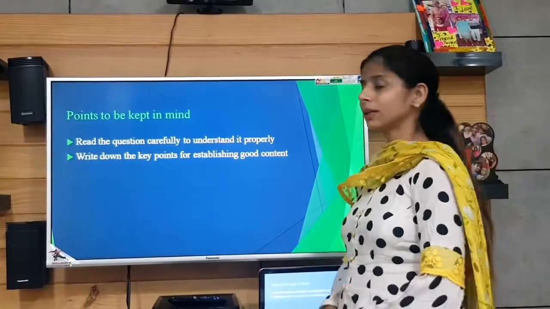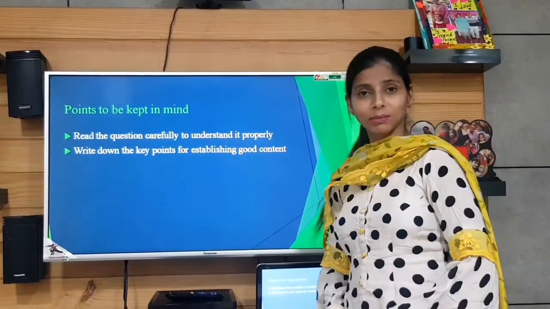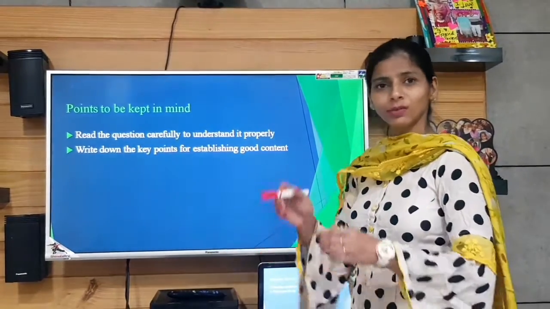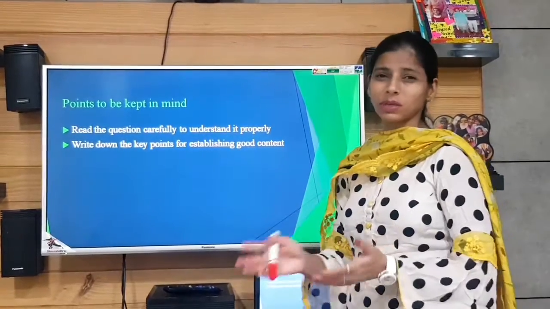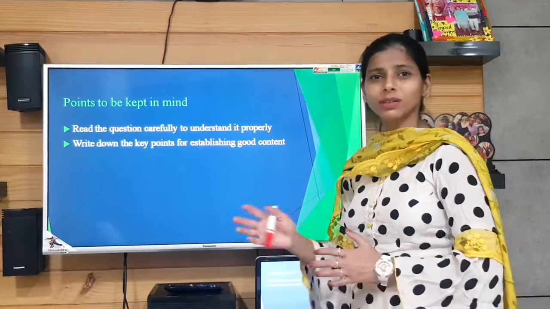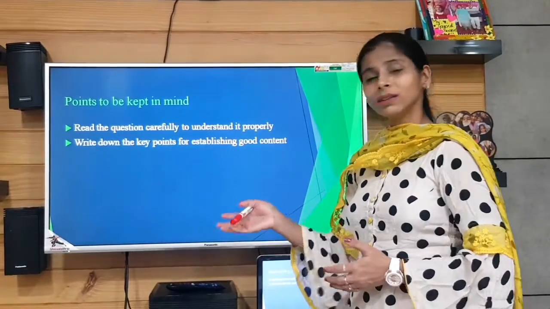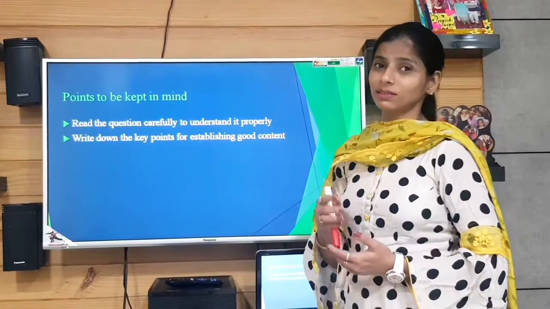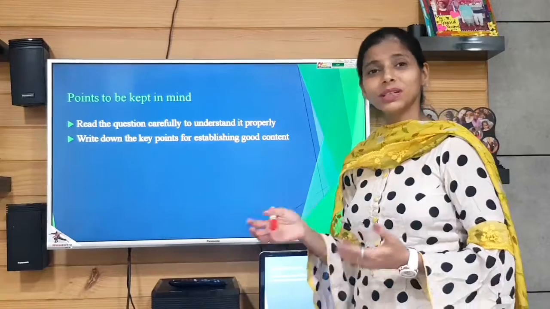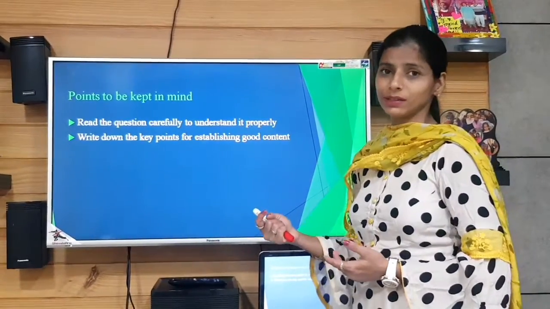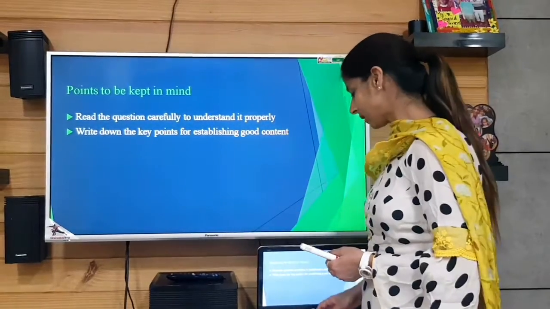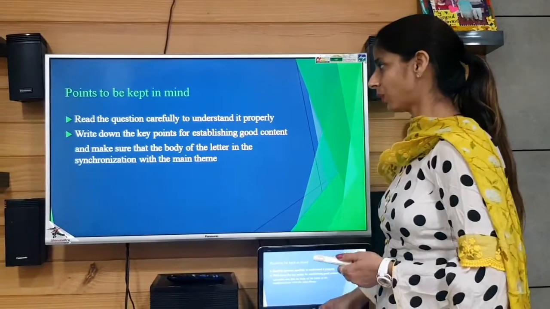The second point is to write down the key points for establishing good content. First, note down the main points on one side or on the rough sheet. Then only include them in your full draft. Otherwise, you would not be getting good content for your letter writing, right? So this is the basic step which you should follow.